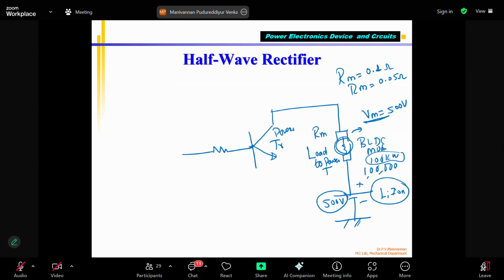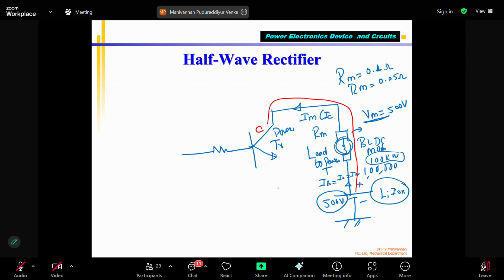Now that is the current moving. This is the motor current, which is nothing but IC. Who is supplying the current? The battery. The battery current is nothing but IC, nothing but IM. All are the same because from the battery power supply, when the transistor is conducting, current will flow from here through the motor and enter the transistor collector.